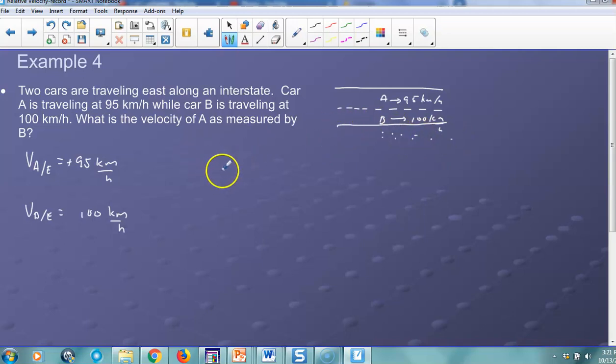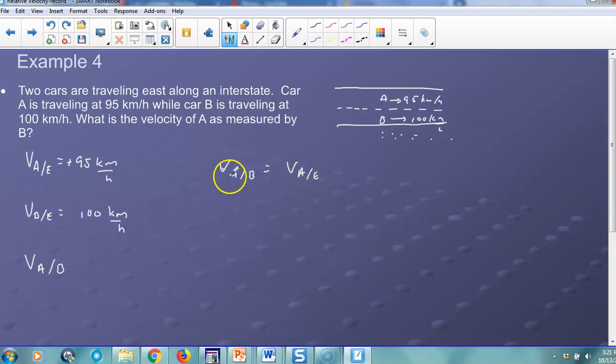So when we look at this from the standpoint of our vector addition, we're looking for, in the problem, the velocity of A relative to B. So this is going to be the velocity of A relative to B equals the velocity of A relative to Earth.